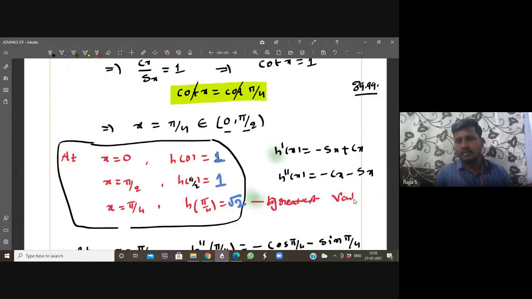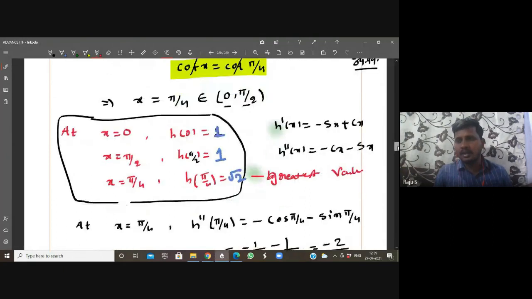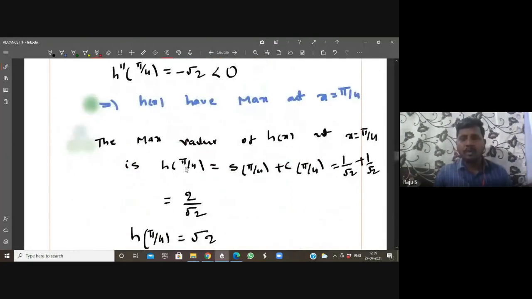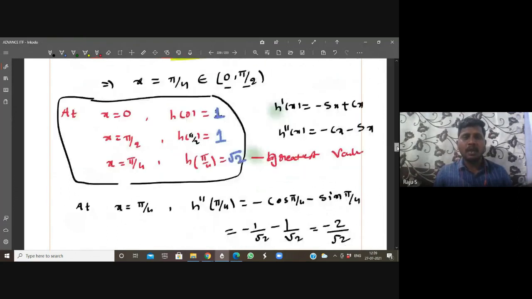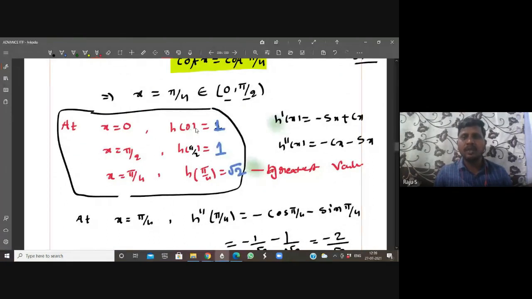So according to the second derivative also, we found that at pi by 4 only the given function has a maximum value, and the maximum value is root 2. According to the interval, the maximum value is again root 2 at pi by 4. So the graph we may get like this.